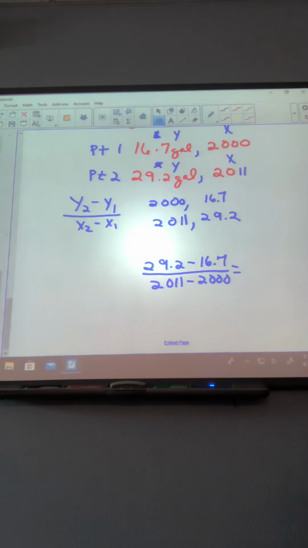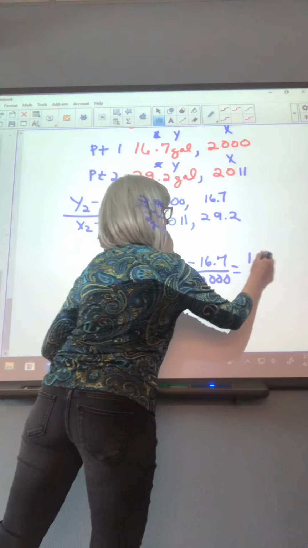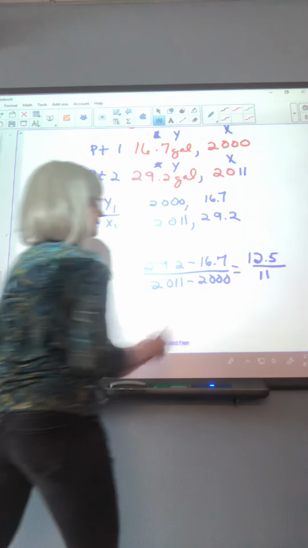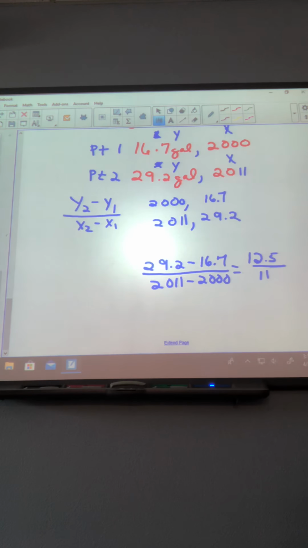So 29.2 minus 16.7. Eleven, 2011 take away 2000, is just 11. So we would take the 12.5 and divide it by the years, so that we could figure out what the increase of bottle use was each year.